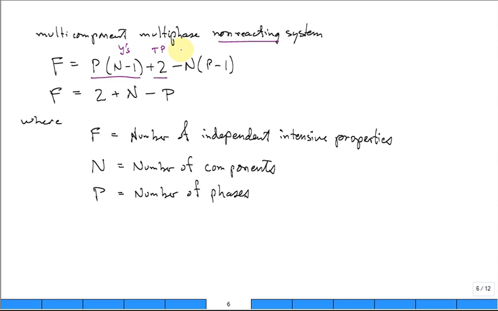And then you subtract the number of constraints from the chemical equilibrium, the chemical potential relations. You do a little bit of algebra, and you find that the number of independent intensive properties is 2 plus N minus P. That's what you have to specify to fix the complete description of the multi-component, multi-phase system.